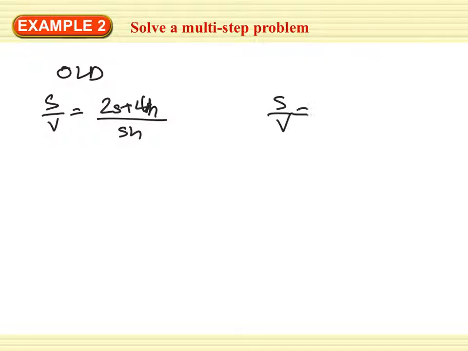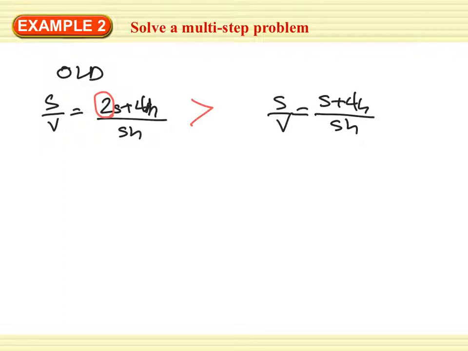My ratio for the new was s plus 4h over sh. So what do the ratios tell us here? It actually says that the old surface area to volume ratio is greater than the new surface area to volume ratio.